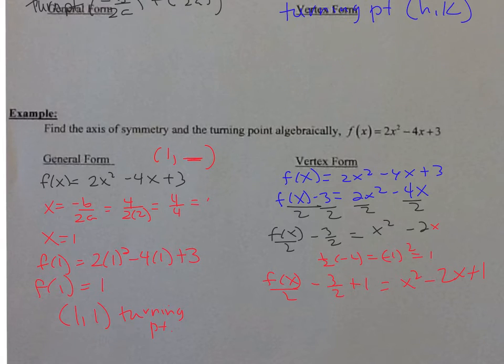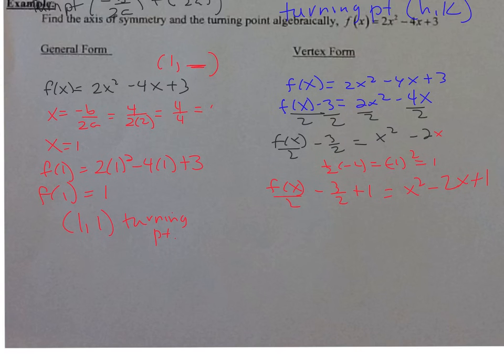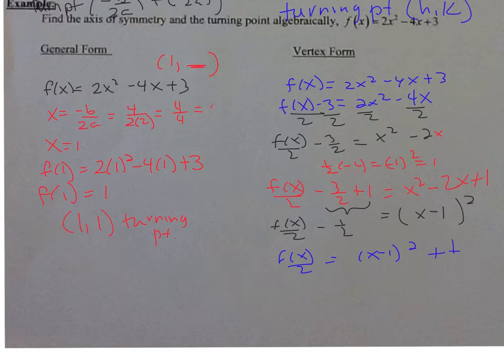I'm just going to move everything up. Okay, so we factor the right side here, and this becomes x minus 1 squared equals f of x over 2, and then that becomes minus 1/2. All right, and then we're going to add 1/2 to both sides. So we get f of x over 2 equals x minus 1 squared plus 1/2.